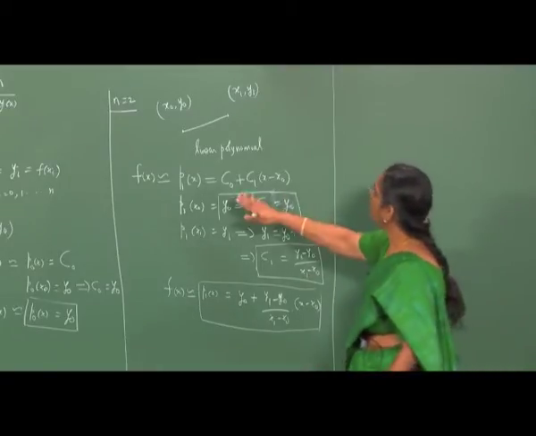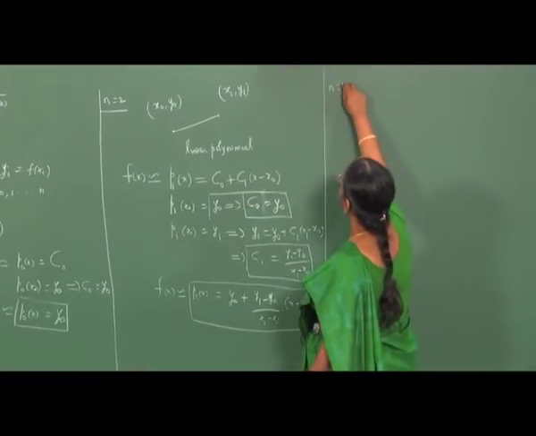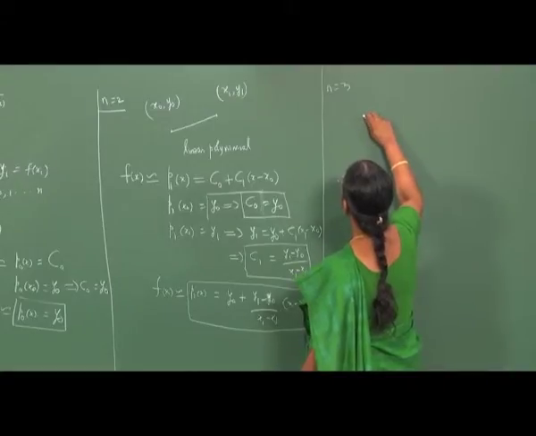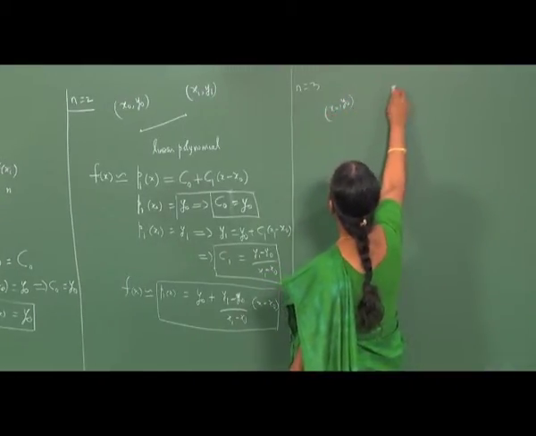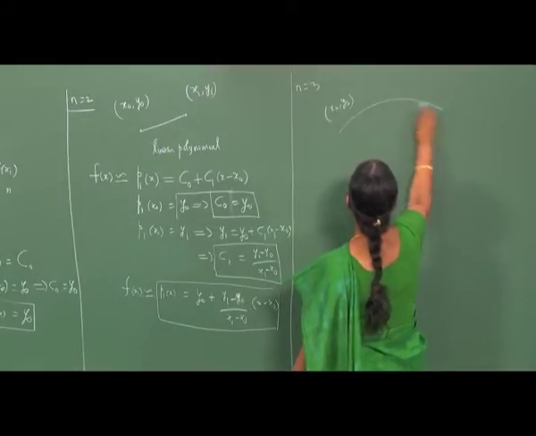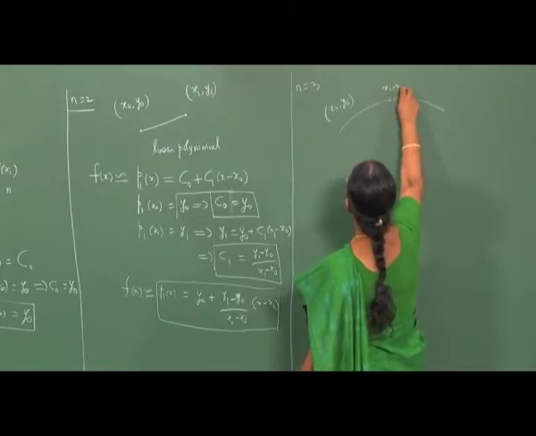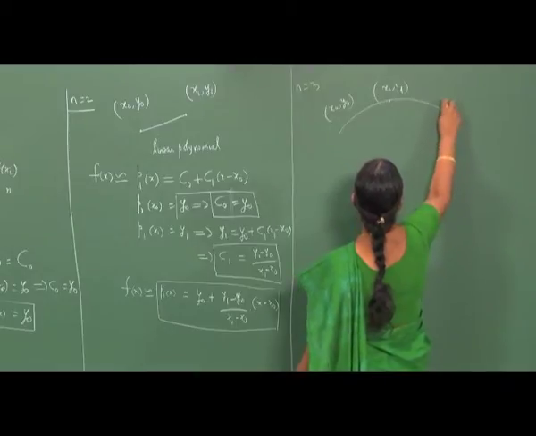So, one can continue now by taking n is equal to 3. So, there are 3 points which are given to us, x0, y0, x1, y1 and x2, y2.